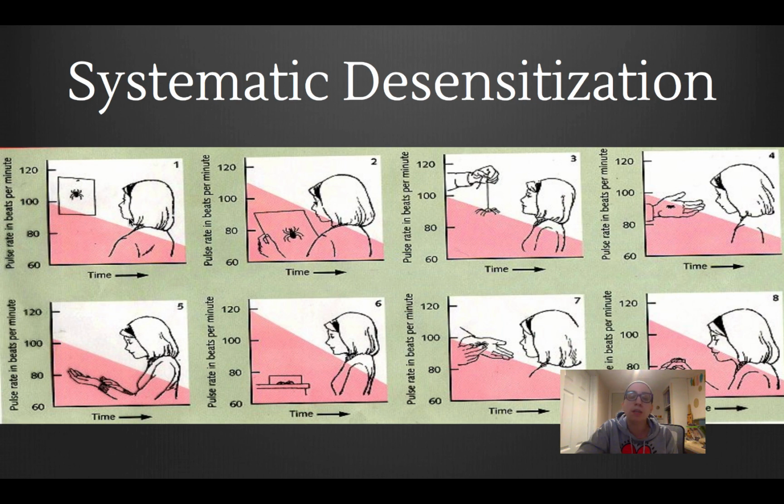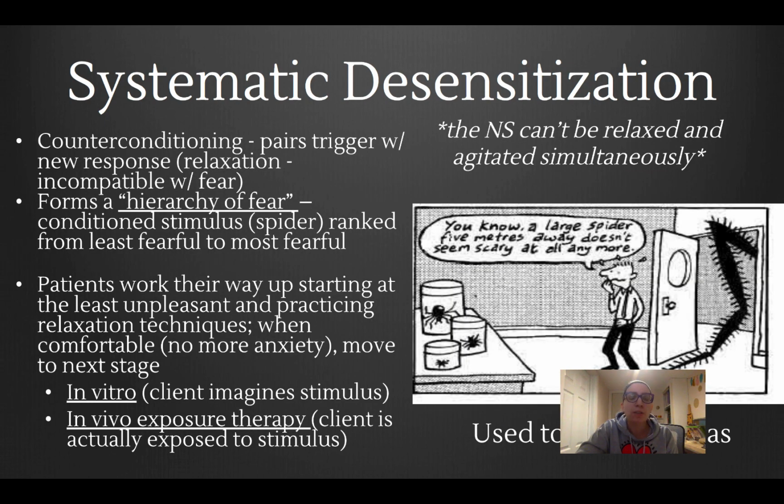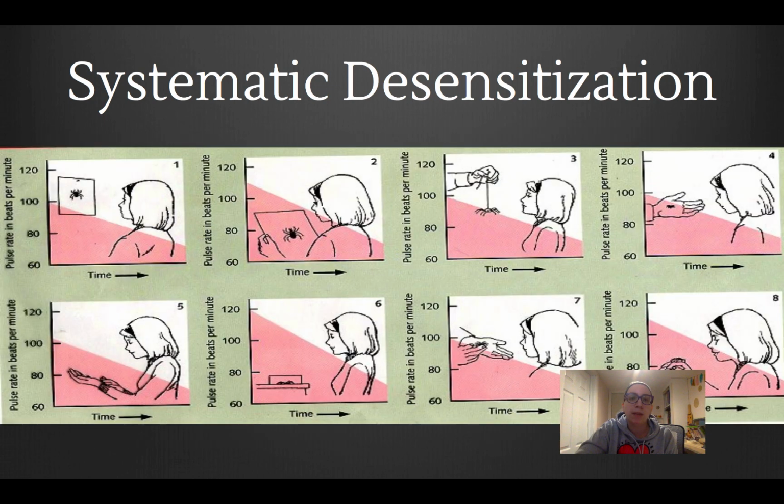They're no longer aroused. They're no longer fearful when they are around the thing that before they had a phobia of. Okay, so this can be done in both in vitro and in vivo forms, meaning initially the client might just imagine the stimulus and eventually are exposed to it in person.